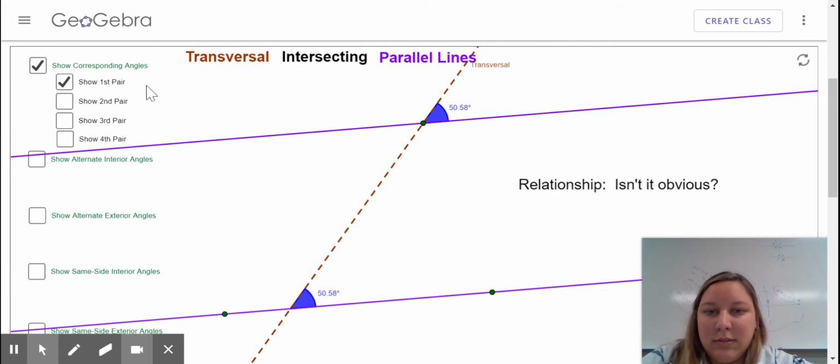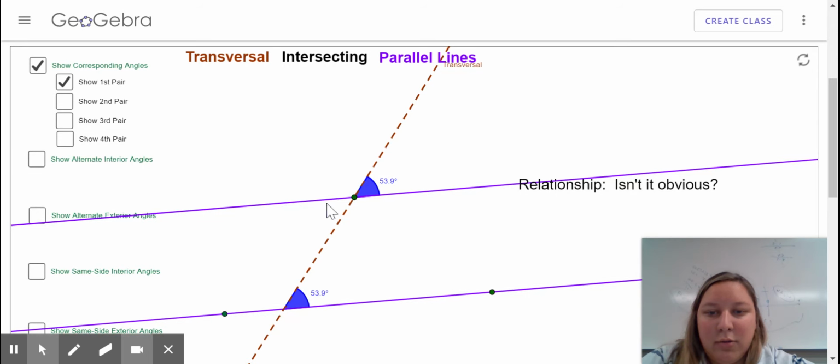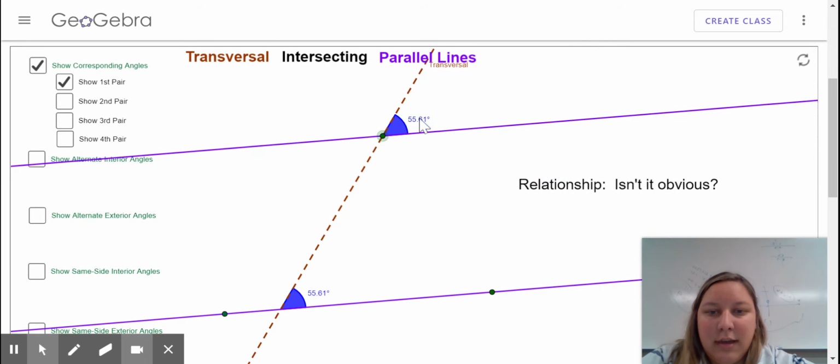Notice that this angle along with this angle, these two angles together, are supplementary. They should add up to 180 degrees. But most importantly, with corresponding angles, no matter how you move it, these angles are always going to be congruent. So 55.61, 55.61.